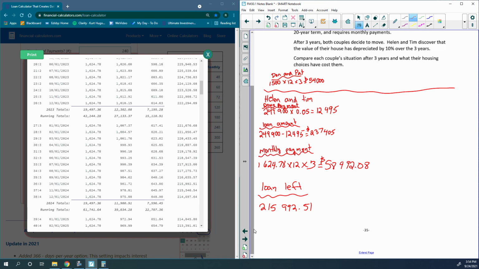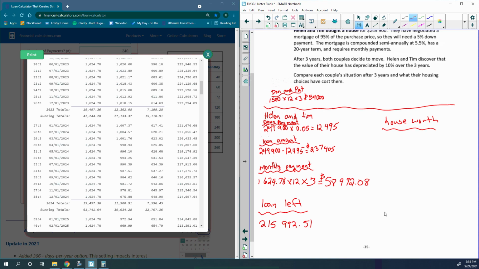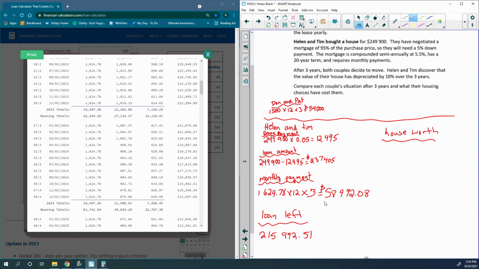Okay, now we're going to do the house worth. So this is what they're going to sell the house for when they're getting rid of it. And this will be stacked up against the loan. So for this one, after 3 years, Helen and Tim discovered that the value of the house has depreciated by 10%.